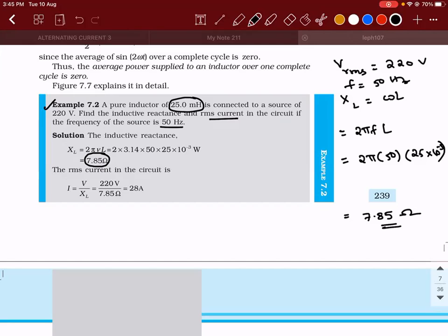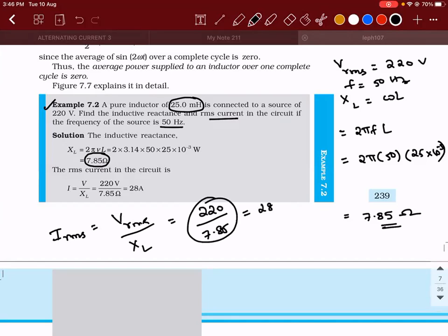Now, what about the value of IRMS? So IRMS will be equal to VRMS divided by XL. So what is the value of VRMS? It is 220 divided by XL, which is 7.85.